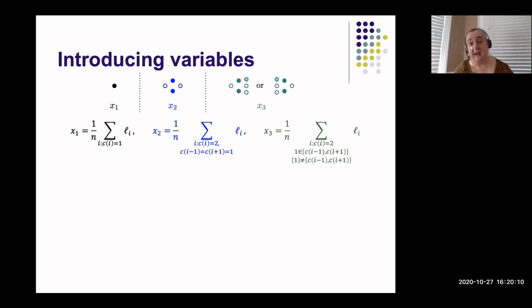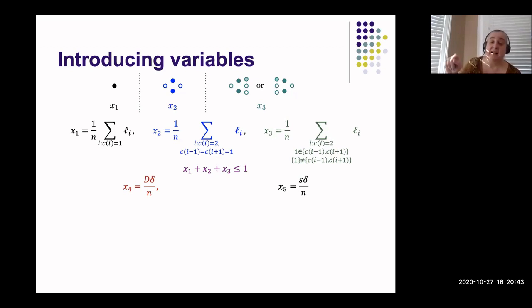This is going to be, again, another linear programming approach. x1, x2, x3. x1 is going to be the fraction of the vertices that lie in single color layers. x2 is going to be the fraction of the vertices that lie in two color layers with single colors on both sides. x3 is going to be the fraction of vertices that lie in two color layers with a single color on one side and not a single color on the other side. x1 plus x2 plus x3 is at most 1.